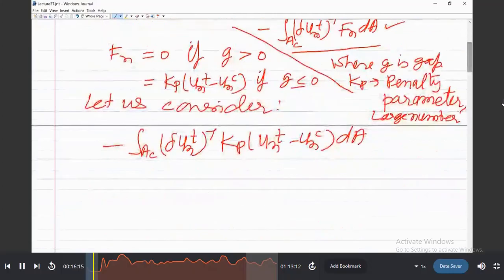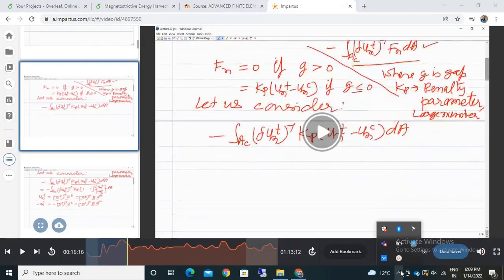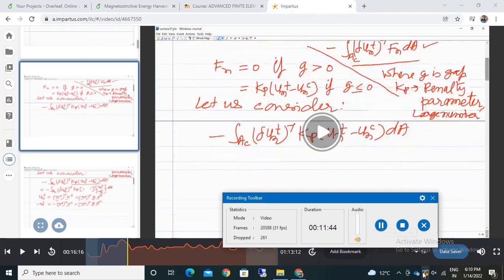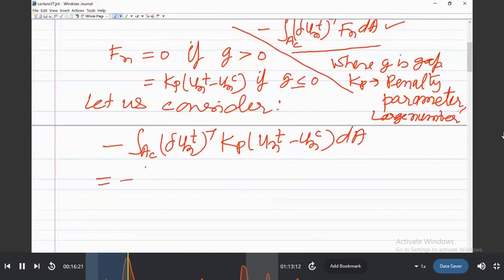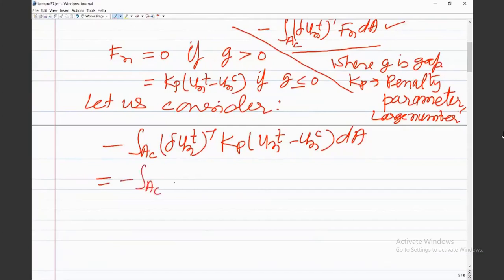So now if you look at this term, I can write it as minus integration over the cross sectional area, slightly rewriting this. UNT transpose, and then we have this Kp, and UNT and UNC, because I'm going to put it in the form of matrix vector products.